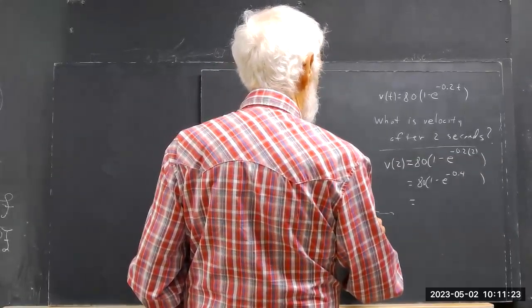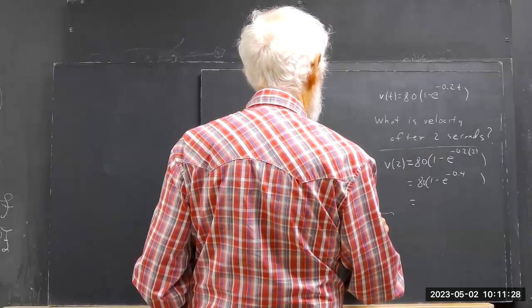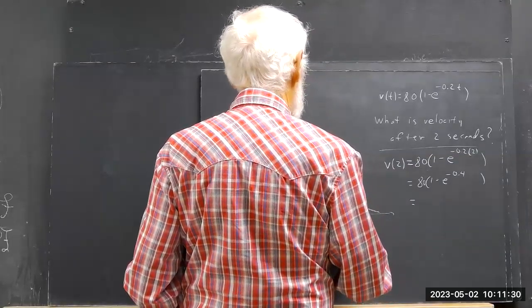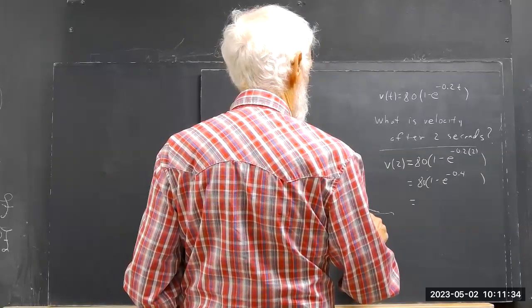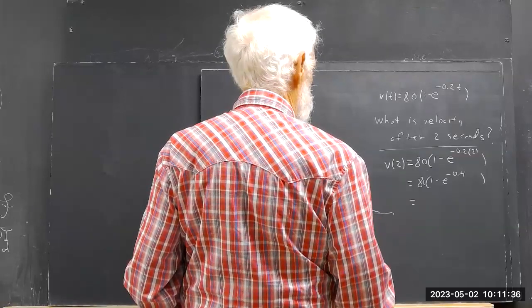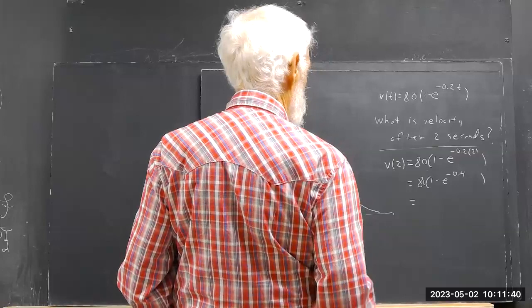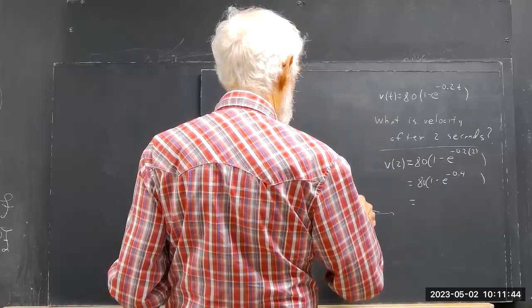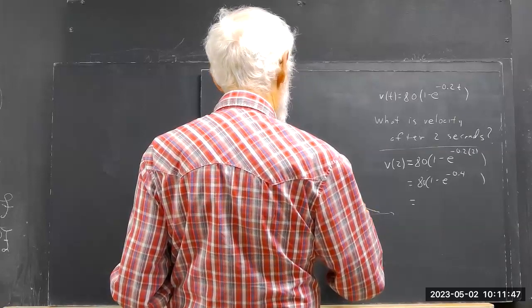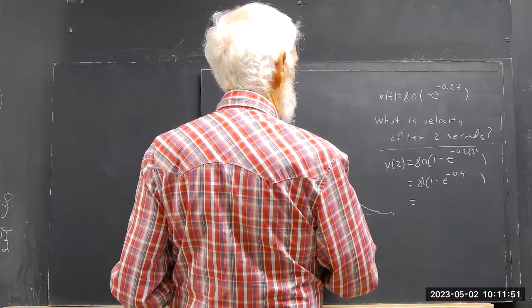And when you get out to 1, e to the negative t is down to about 0.37. Okay, but e to the negative 0.4, well, 0.4 would be about here. I'm going to say that's about 0.7.